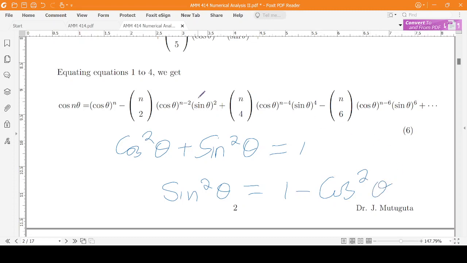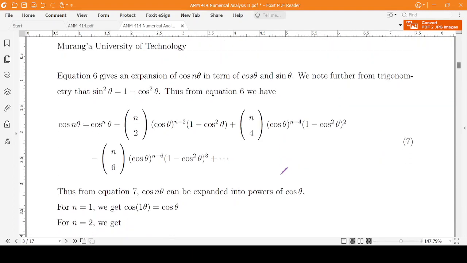Now, it means that where we have the square of sine of theta, we can replace it with 1 minus the square of cosine of theta. And so, as we saw during the last video, cosine of n theta can be expressed purely in terms of powers of cosine of theta, as we have in equation 7 here.